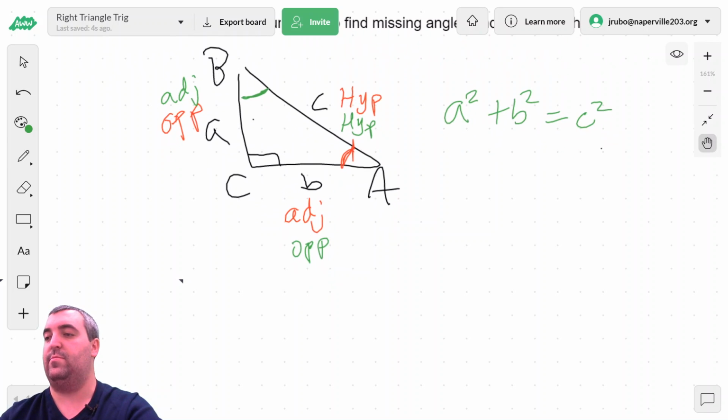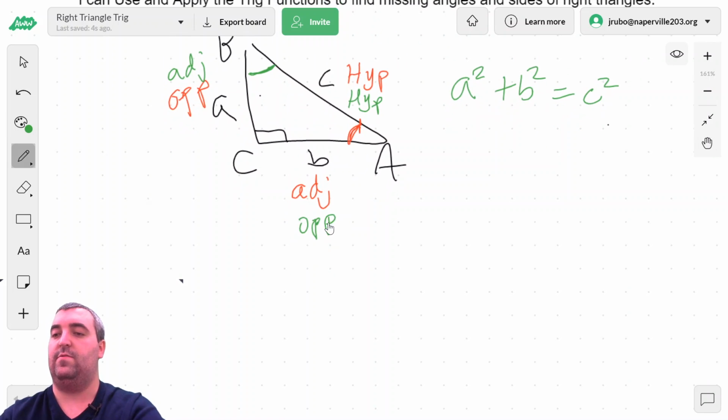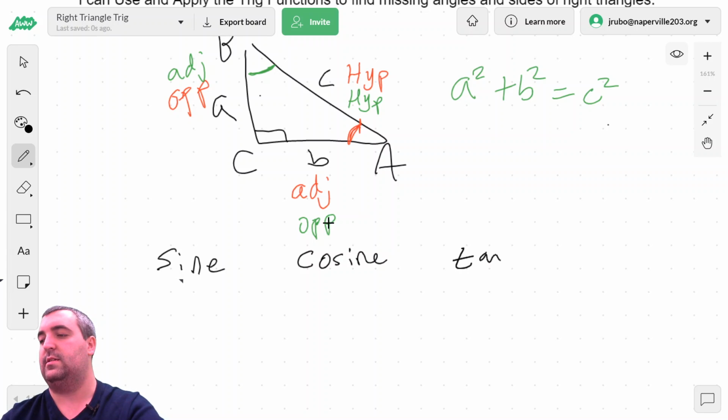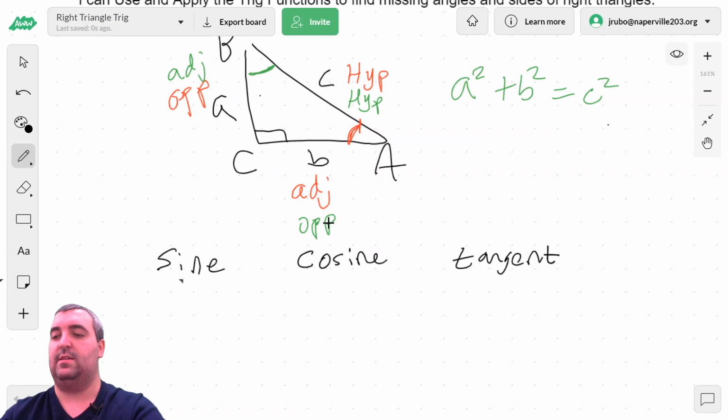If we remember, we have those trig functions that we've seen before. There are the three original trig functions: sine, cosine, and tangent. If we remember SOHCAHTOA, sine of an angle, which we'll say theta, we'll usually use Greek letters for angles, is the opposite side over the hypotenuse.